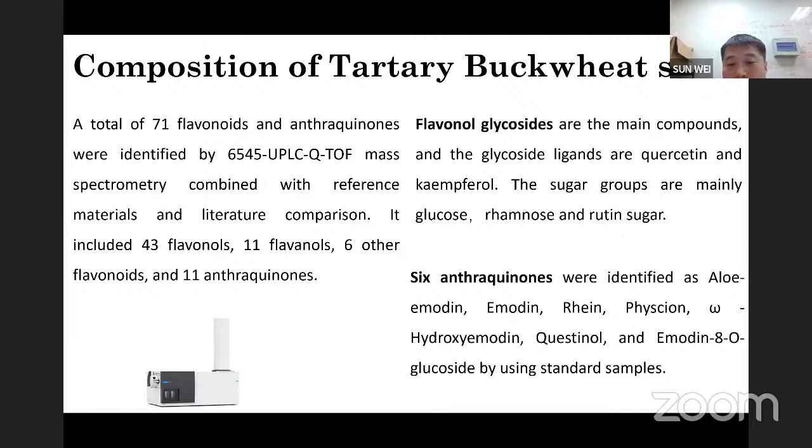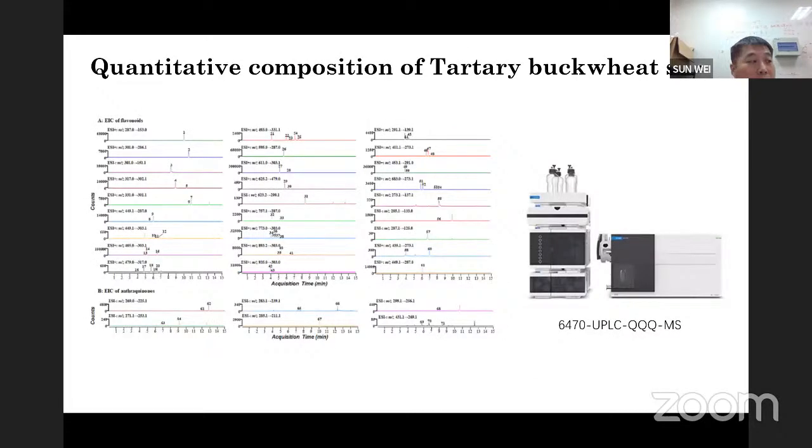Next, I will introduce why we study the glycosides of the flavonoids and isoquinones. We also used LC-MS to optimize the extracted ion chromatogram of the 6 flavonoids and 11 isoquinones in Tartary buckwheat grain.